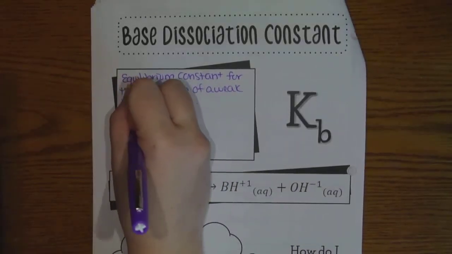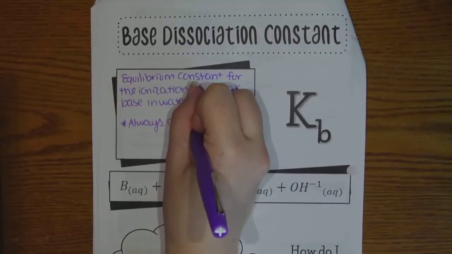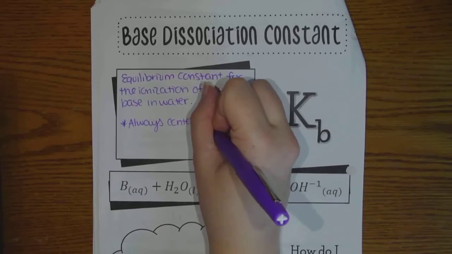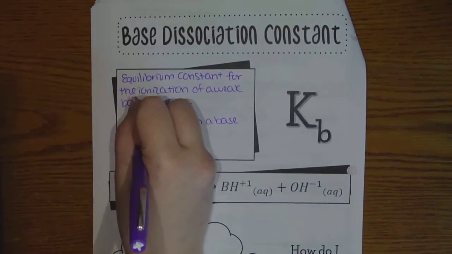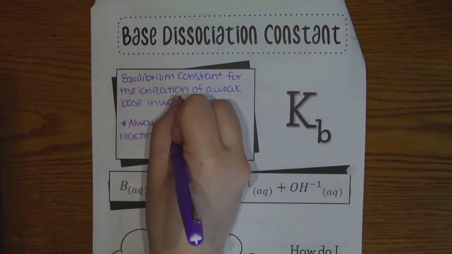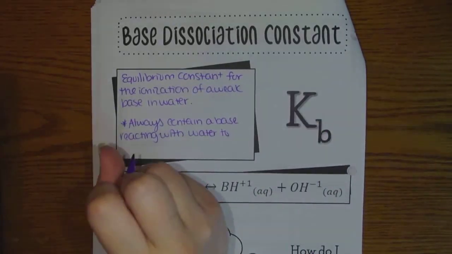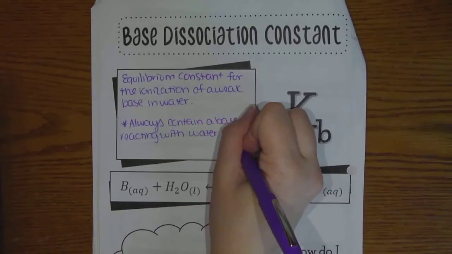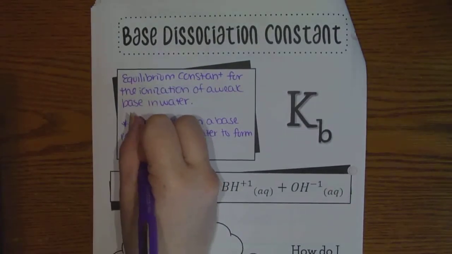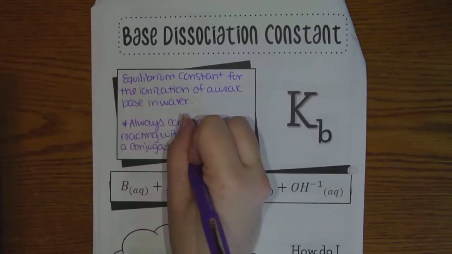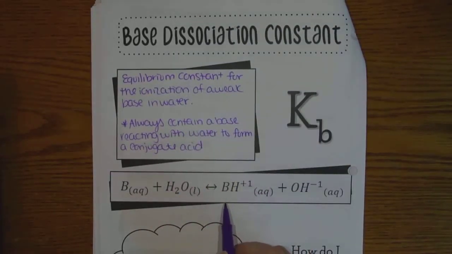Again, this will always contain a base reacting with water to form what we call a conjugate acid, which for our purposes will be anything that has the plus 1 ion.